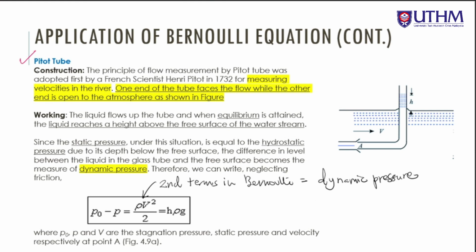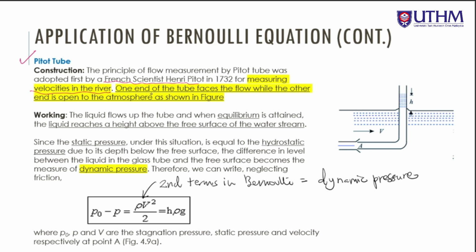Okay, so firstly kita akan consider pitot tube lah. Actually this pitot tube pun saya dah explain sebelum ni. Tak apa, kita tengok balik what is pitot tube. So principle of flow measurement by pitot tube was actually adopted by this scientist Henry Pitot in 1732 untuk measure velocity dalam river.